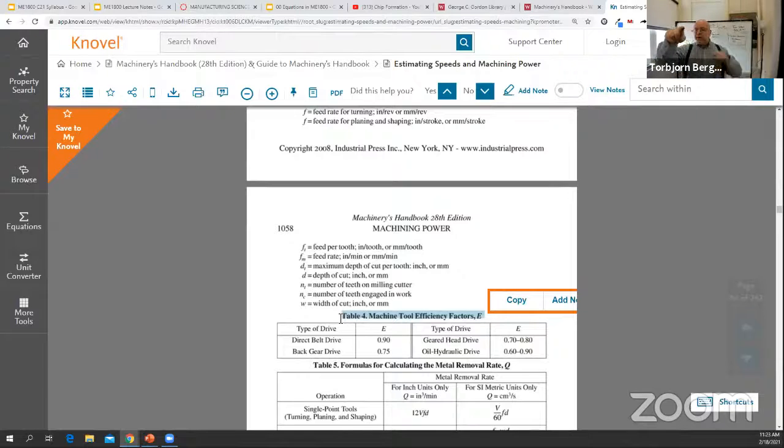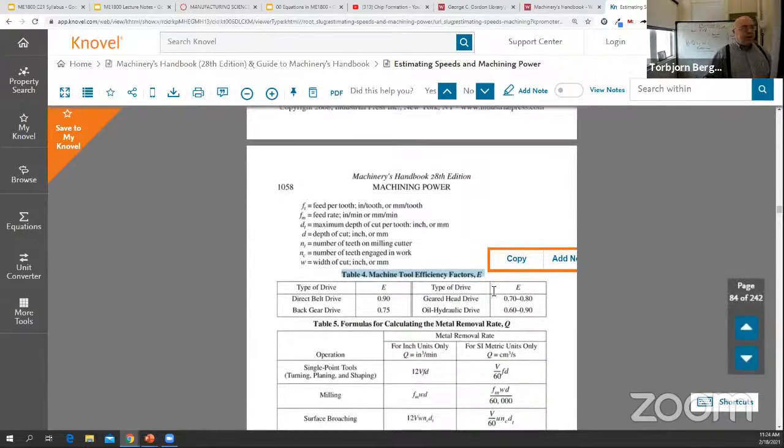Not all of the power that goes to the spindle gets to the cutting edge of the tool. Why? Friction. There are losses in the system, and depending on the type of drive system your machine has, there are some machine efficiency factors here. If you have measured the power at the spindle and you want to know the power at the tool, you can use one of these efficiency factors.